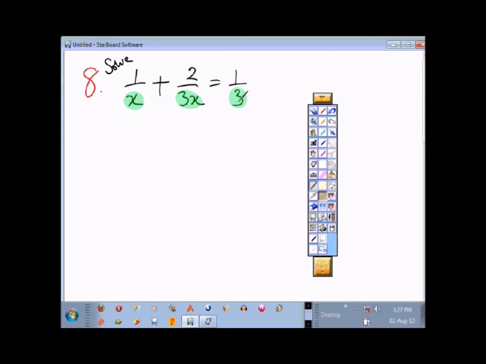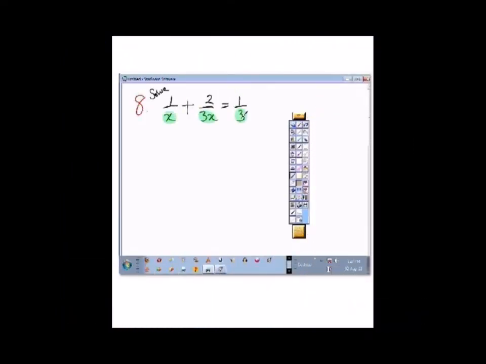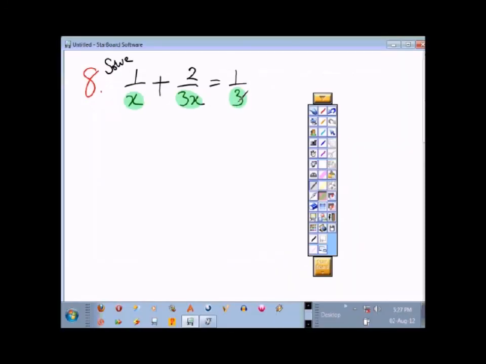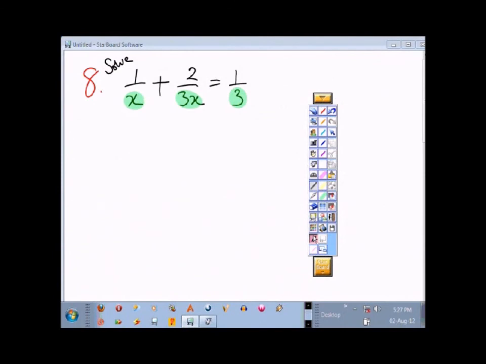That is, we use it to multiply each of the fractions in order to eliminate all these fractions because it is easier to calculate in integers, that is whole numbers instead of fractions. And the LCM of x, 3x, and 3 is 3x.